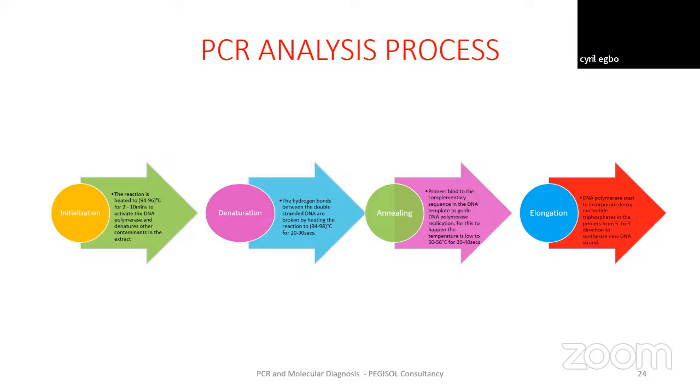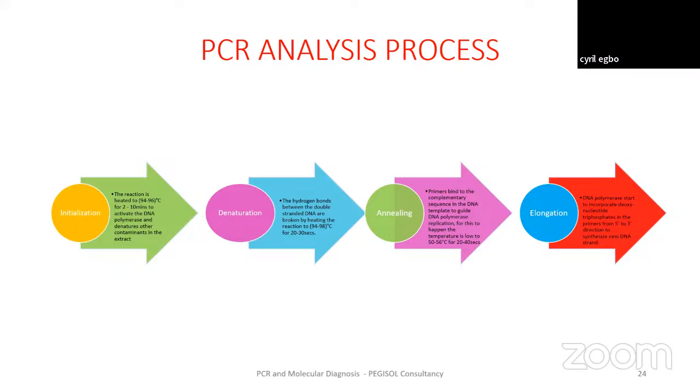Then there is activation of the DNA polymerase and denaturation of other contaminants to actually occur. This happens between a time interval of 2 to 10 minutes. But most literature will not tell you of initialization. They will tell you denaturation, annealing, and elongation or extension.